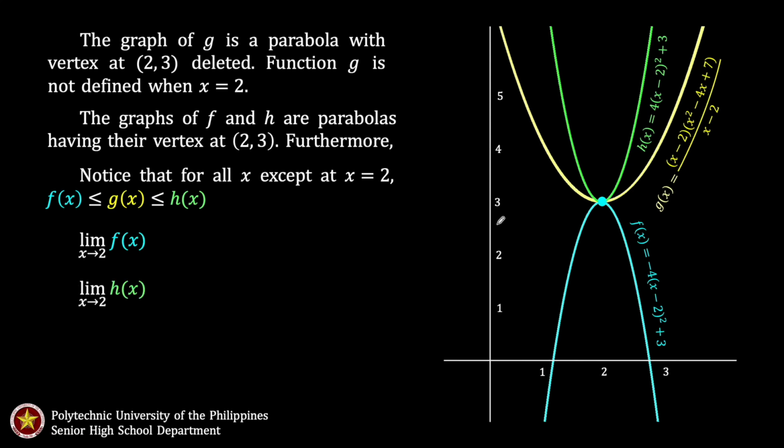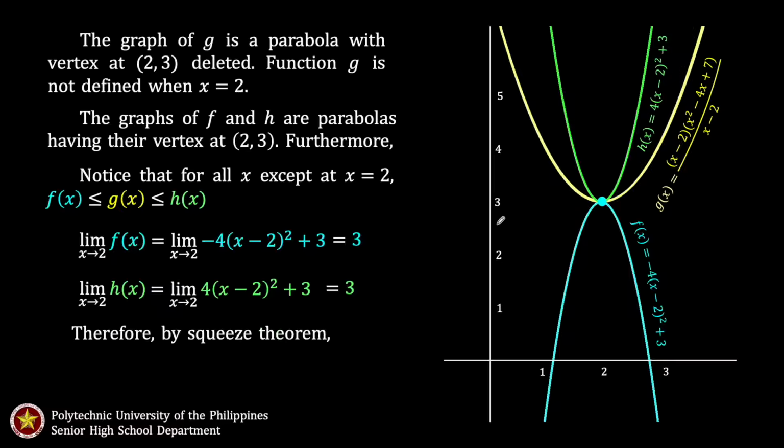Now if we compute the limits of f and h, simply applying the limit theorems, we will obtain 3, both. So if that's the case, by the Squeeze Theorem, we can say that the limit of g is also 3.